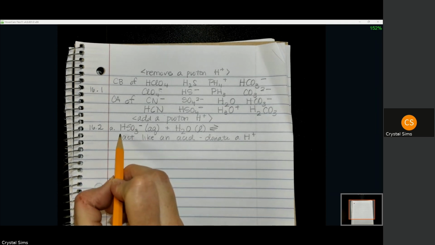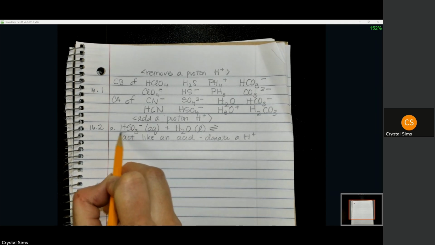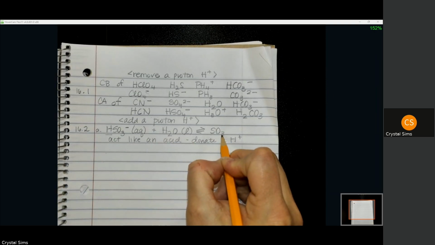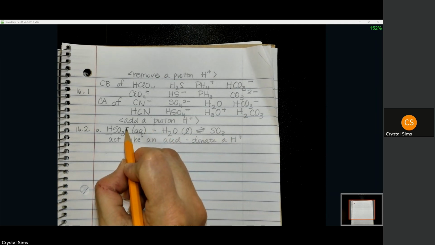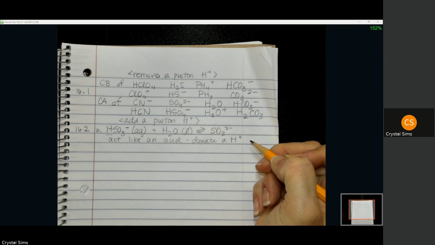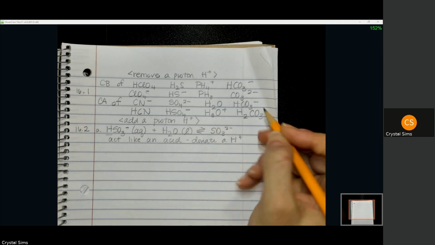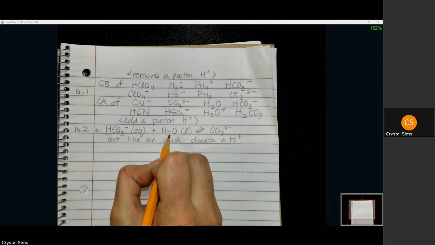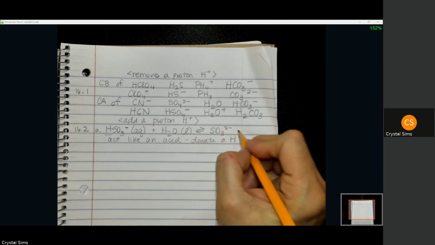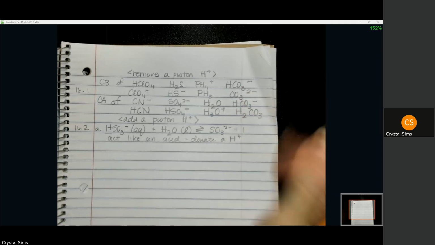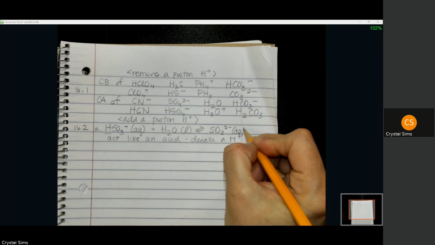So if we get rid of the hydrogen ion here, then that's going to leave us with SO3. It was already 1 minus, so now it's going to become a 2 minus charge. That proton has to go somewhere. It's going to attach to the water molecule here. And so that's going to become the hydronium ion.